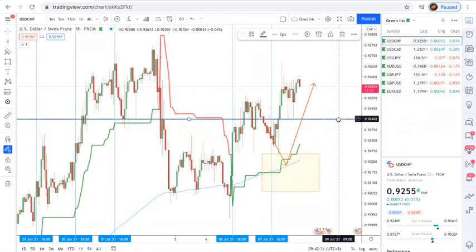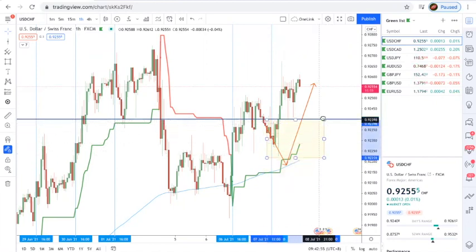So that will be two-way. If the market goes up, the selling position will be around 0.927700 and the buying position will be 9400.